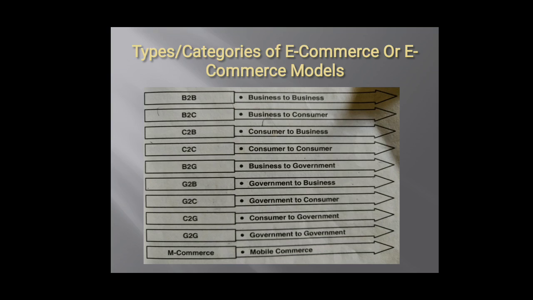Then you have G2C, that is government to consumer. The consumers need a way by which they could communicate with the government in a faster way. The common man of India needed an alternative to reduce the day-to-day hassles of communicating with various government bodies. The most successful effort, which has been highly appreciated by a lot of people, is that of the Indian Railways.